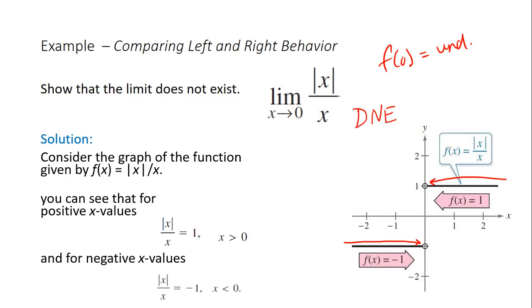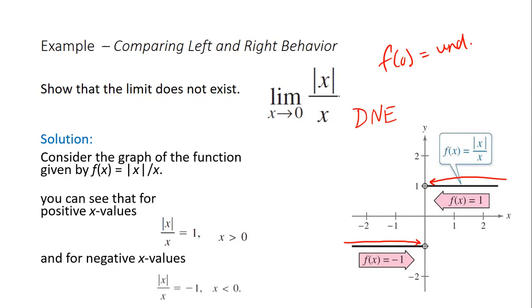The picture's there to show you, but let me explain again. If I was doing it algebraically, coming from the right side, as x gets bigger than 0, this is always going to equal 1. Coming from the left side, this is always going to equal -1. So algebraically, they will never approach the same point.